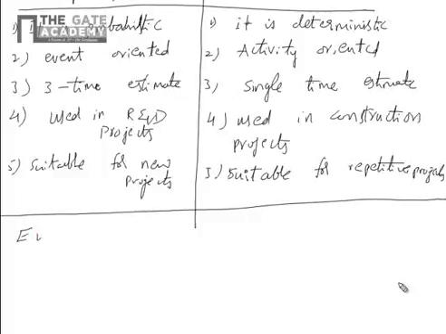What is an event? Event is nothing but a specific instant of time or specific moment of time.